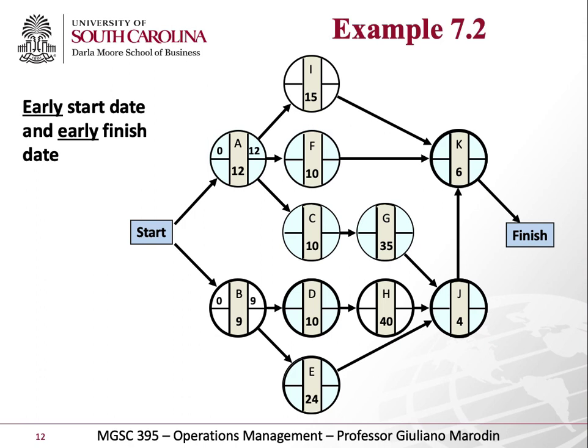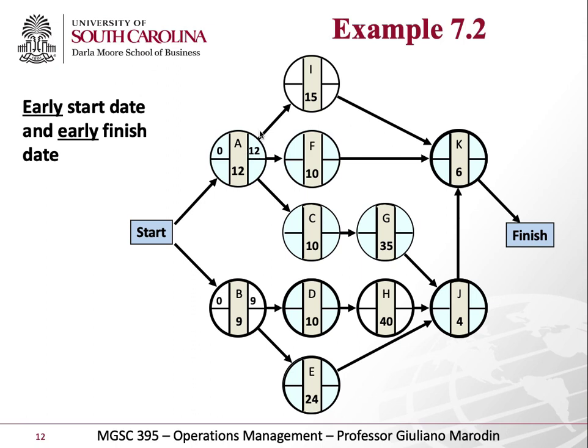So let's do one a little bit more complicated. Let's go to I there on the top. When can I start I? I can only start I when A is ready, right? So I can only start I on week 12.